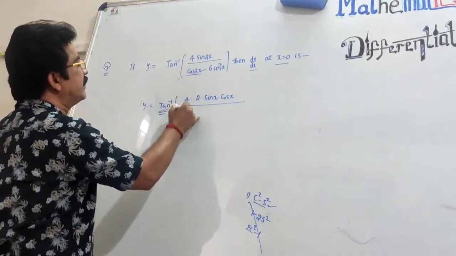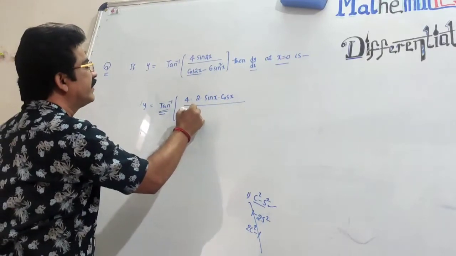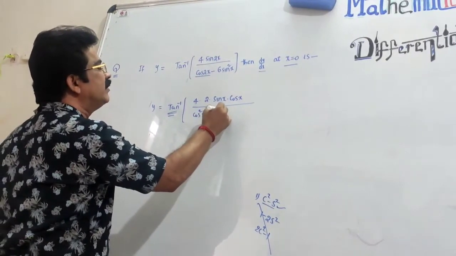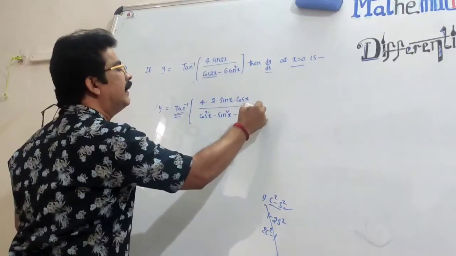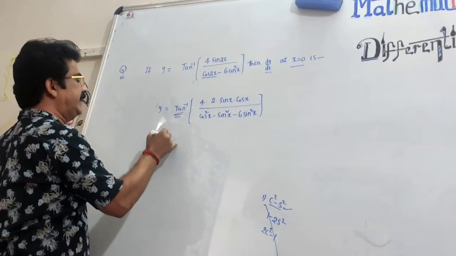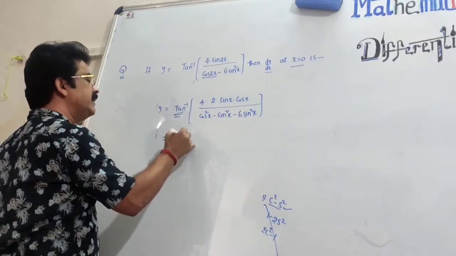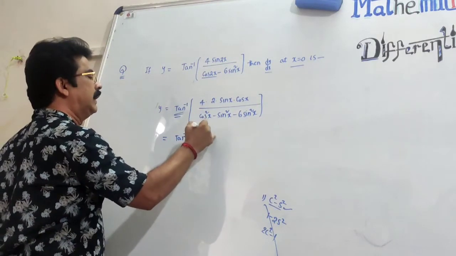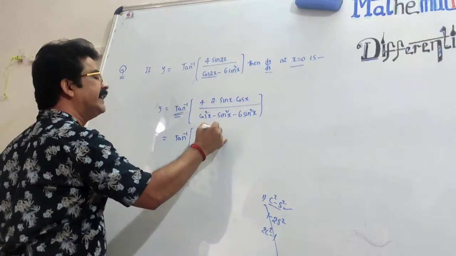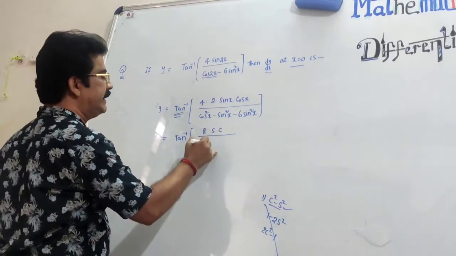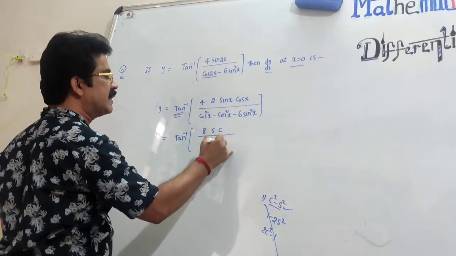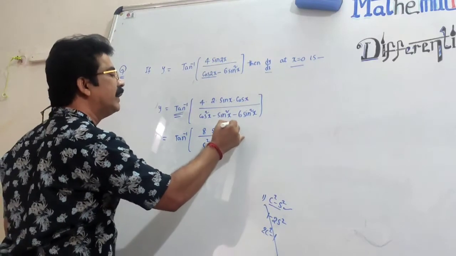So cos 2x means it is cos square x minus sin square x. Already 6 sin square is there. Right? Next, that is equal to tan inverse of 8 sin x into cos x divided by cos square minus 7 sin square.